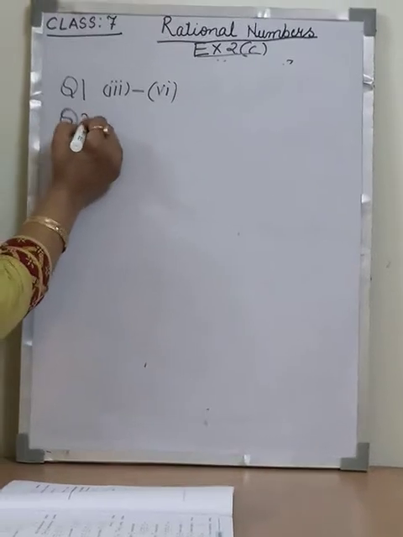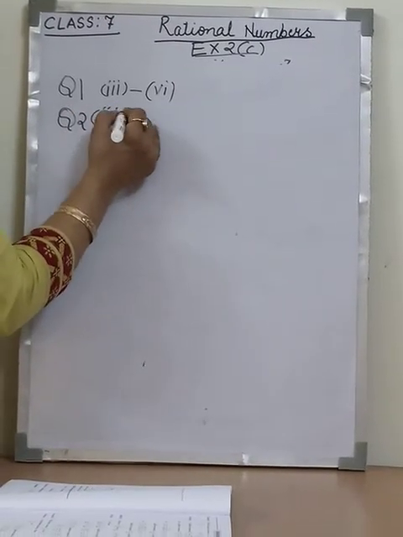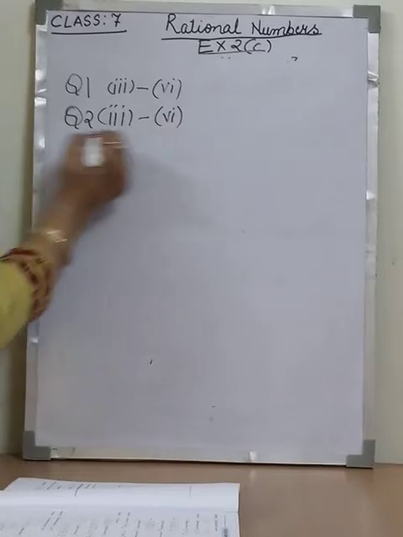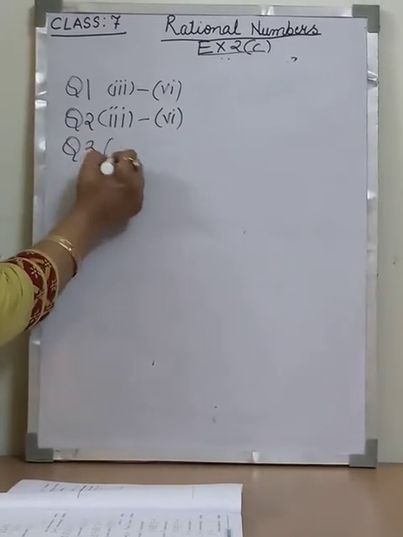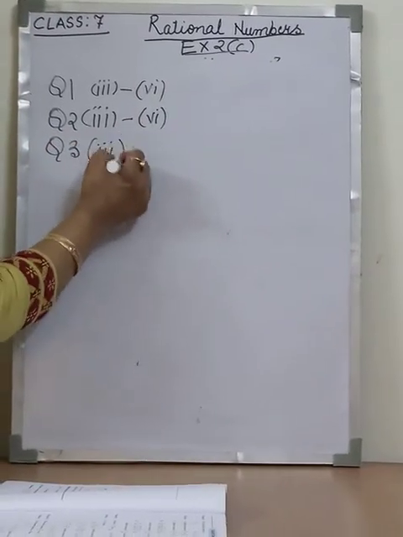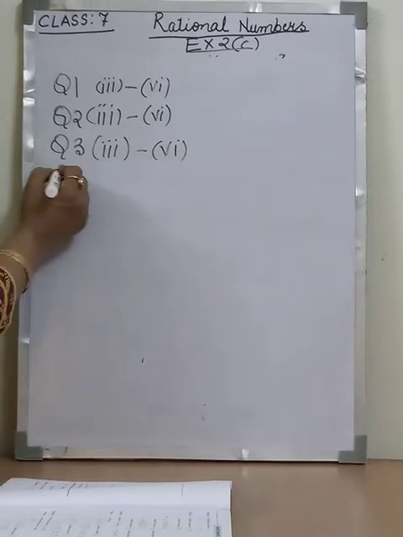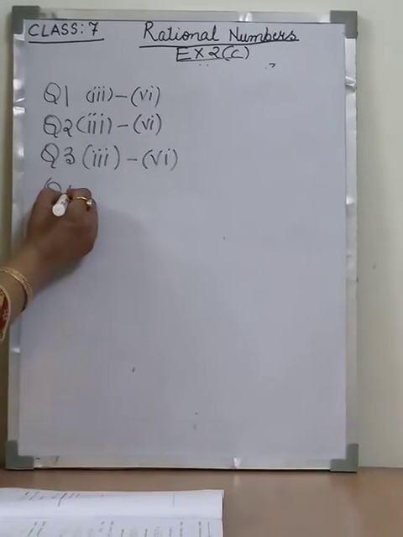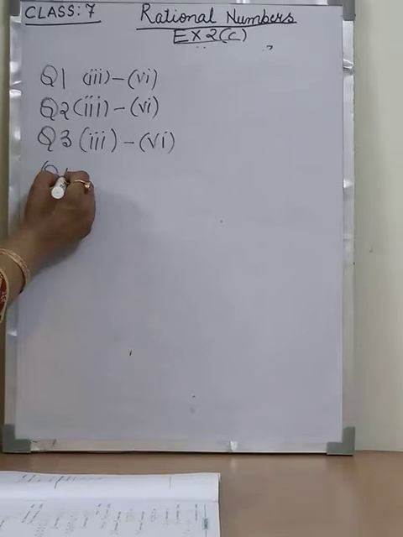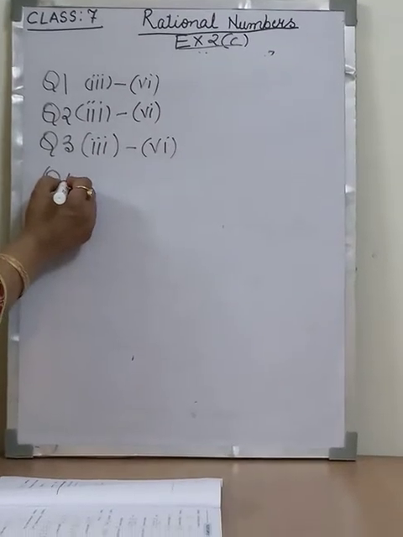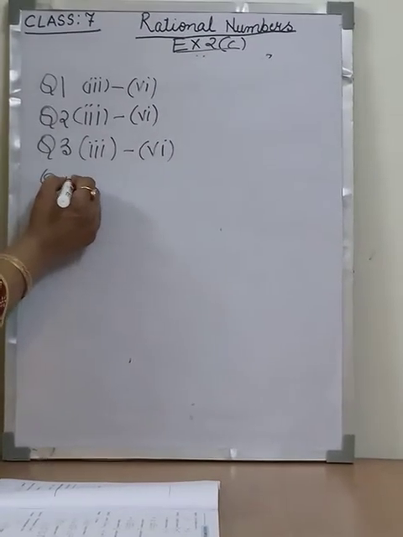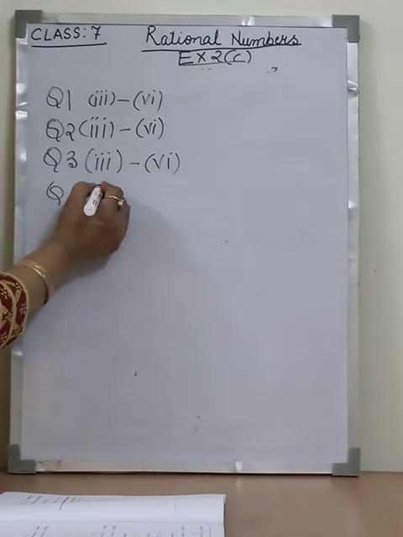Question number 2 also, third to sixth. Question number 3 also, third to sixth. Question number 4 you do all the parts, second to sixth. Okay.